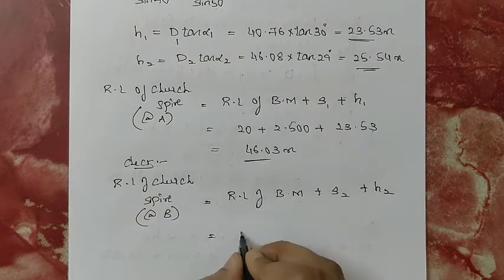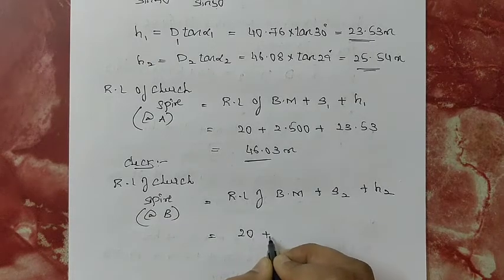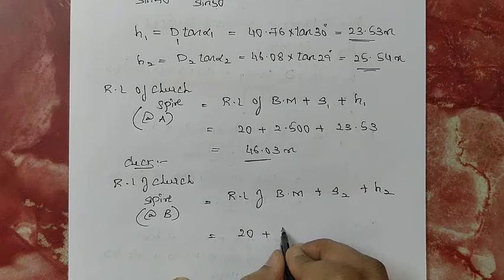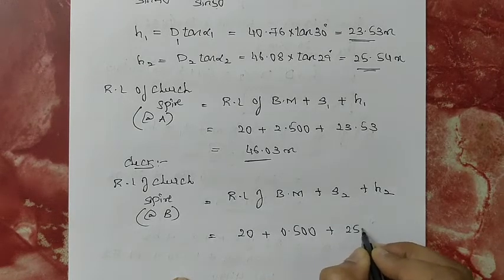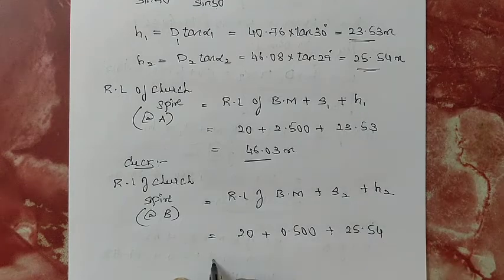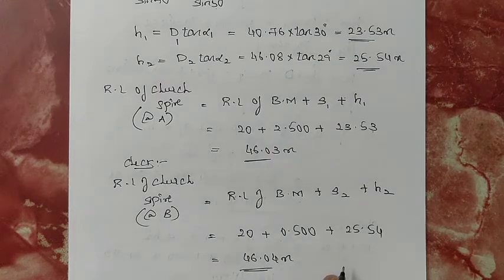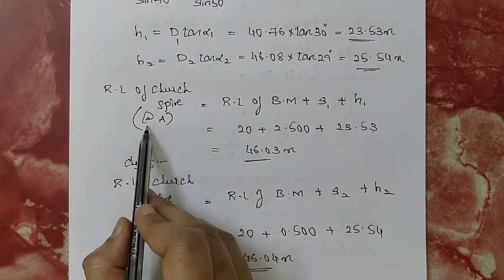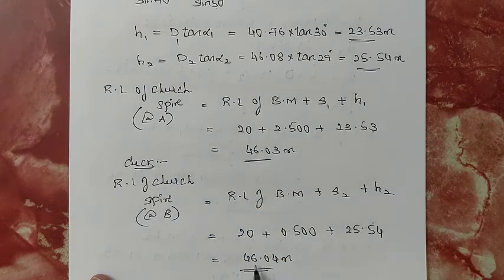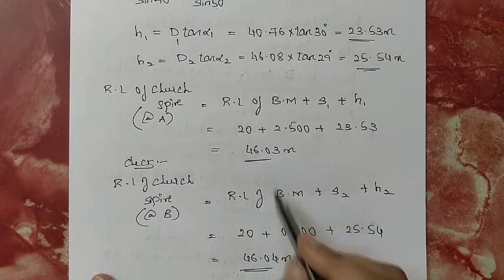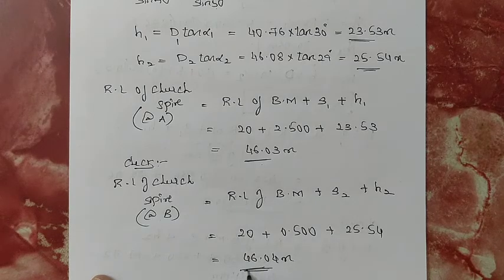RL of benchmark is 20 plus S2 value is 0.500 plus H2 value is 25.54. Upon simplification you will get 46.04 meter. You can observe here the RL of the church spire when the instrument is at A is 46.03, and when it is at B it is 46.04. You will get the same answer. Okay, what you have calculated for RL is correct. Thank you.